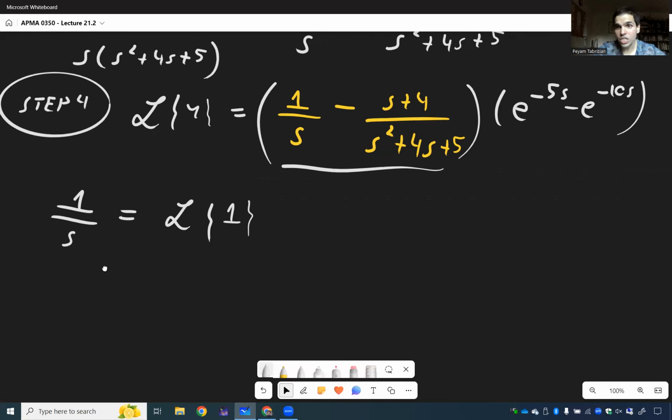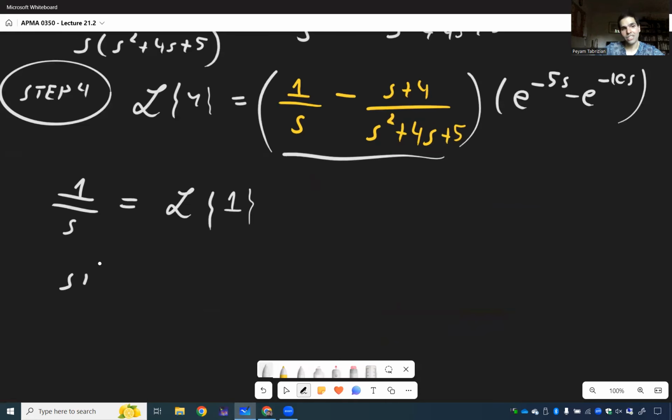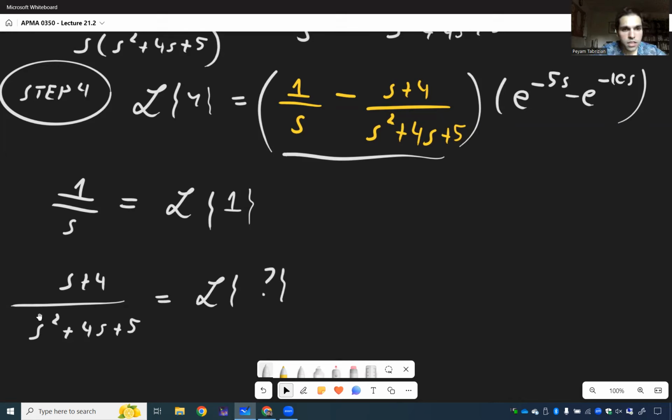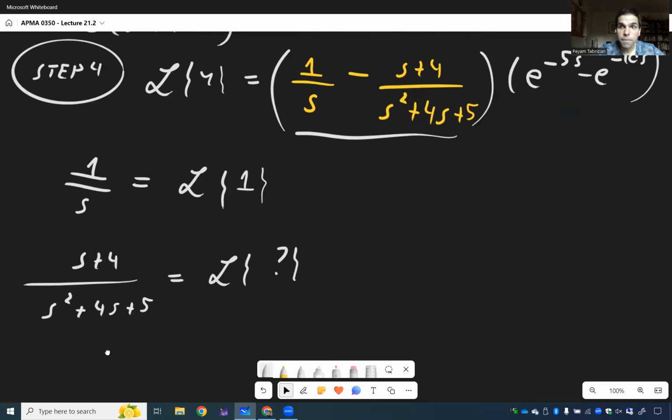So the big question is, what about this other fraction? So s plus 4 over s squared plus 4s plus 5. Because we cannot really factor out the denominator more, the trick is to complete the square.